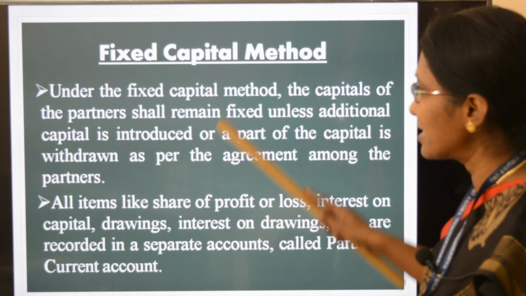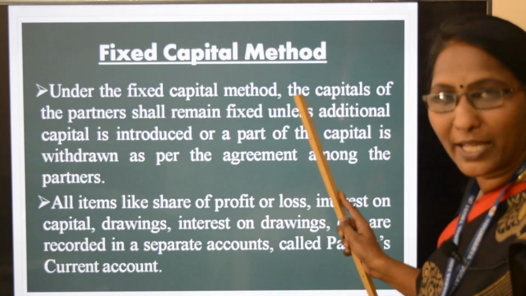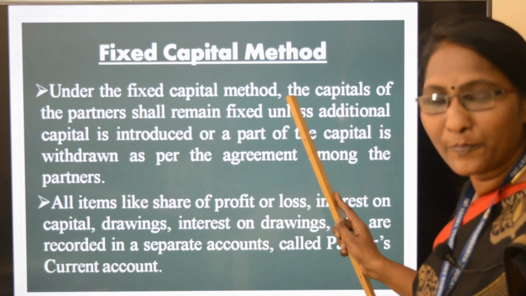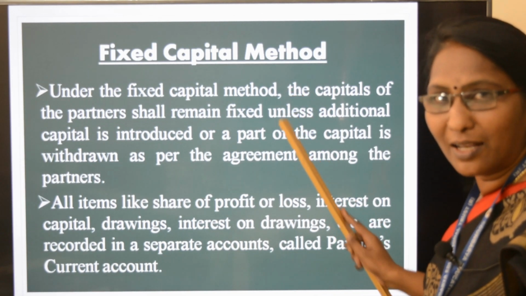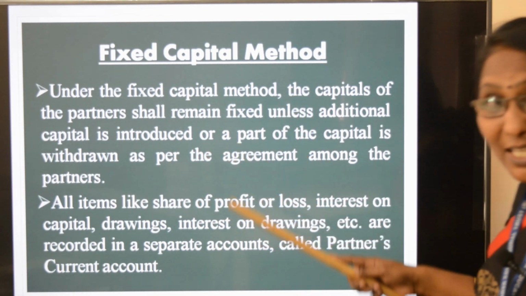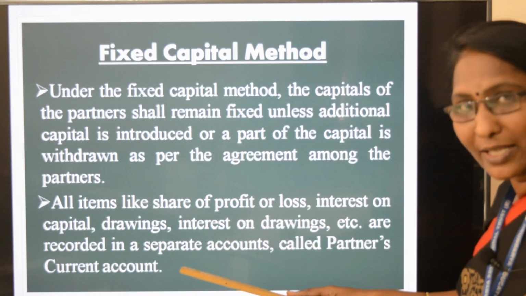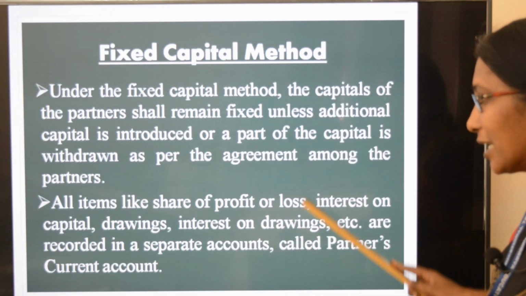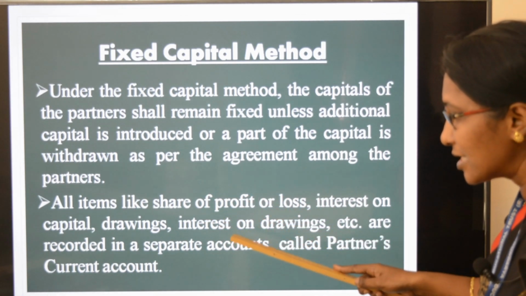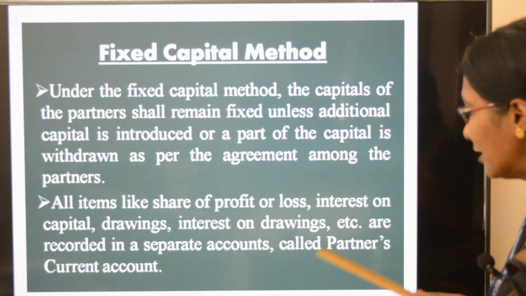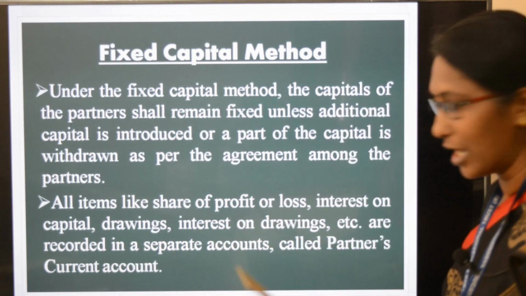In the partner's capital account, we write opening capital of partners, additional capital, drawings. Other adjustments like share of profit and loss, interest on capital, drawings, interest on drawings, salary, commission, all these adjustments we enter in the partner's current account.